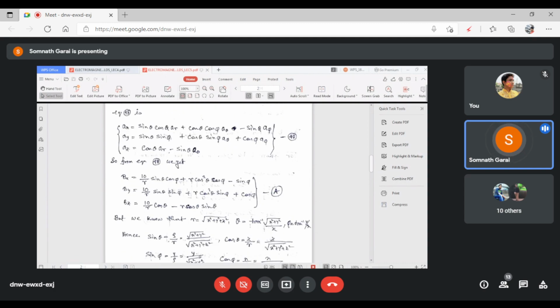So these three equations represent the Cartesian component of vector B in respect of spherical coordinate.